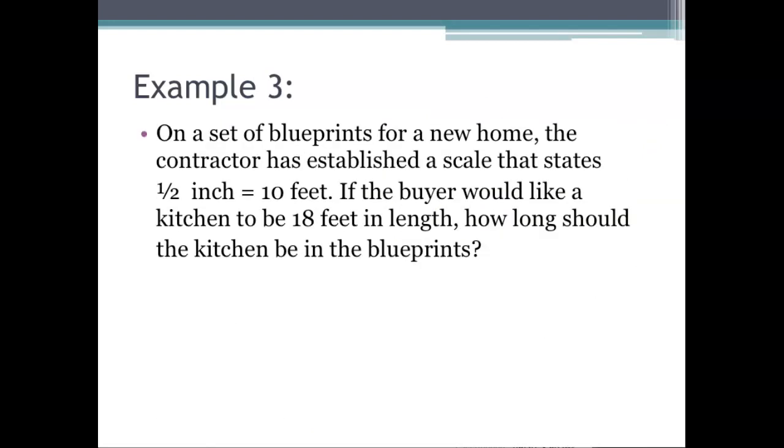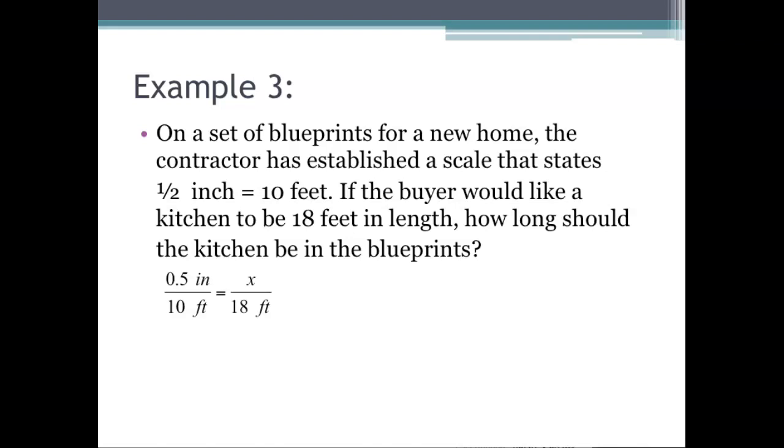On a set of blueprints for a new home, the contractor has established a scale that states that half an inch is equal to 10 feet. If the buyer would like a kitchen to be 18 feet in length, how long should the kitchen be in the blueprints? So we're going to go ahead and use this scale for our proportion. Now we're told that half an inch is equivalent to 10 feet.